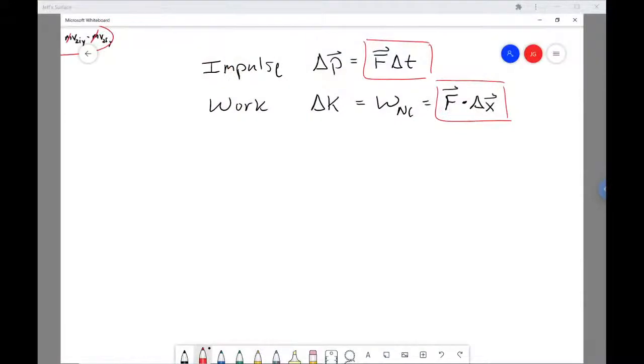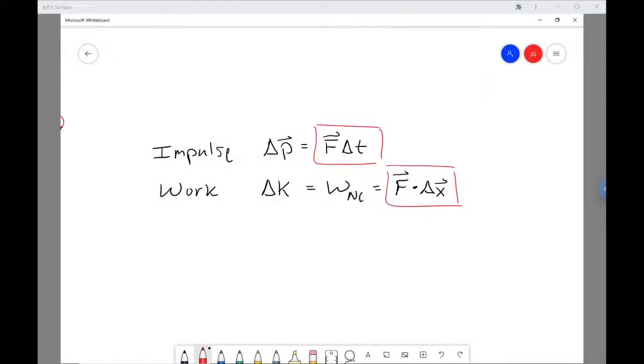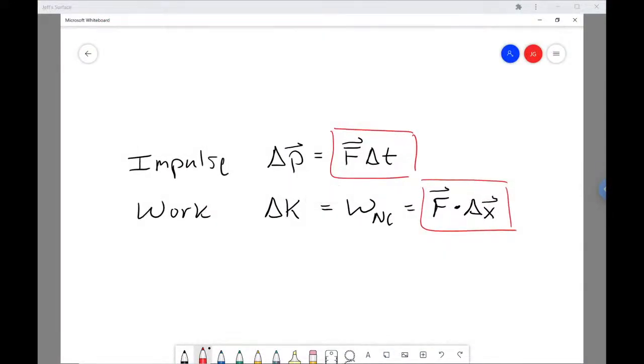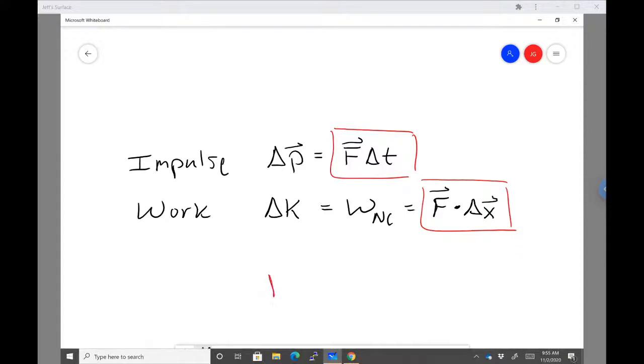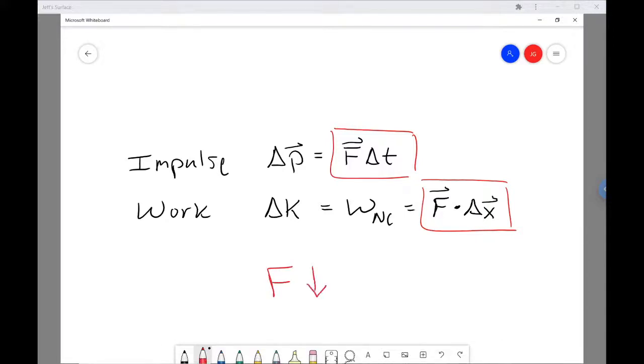So if you look at these expressions, the thing that saves your life is making F small, the force of impact. You want to minimize the force experienced by a person during a collision. You want to make it smaller.